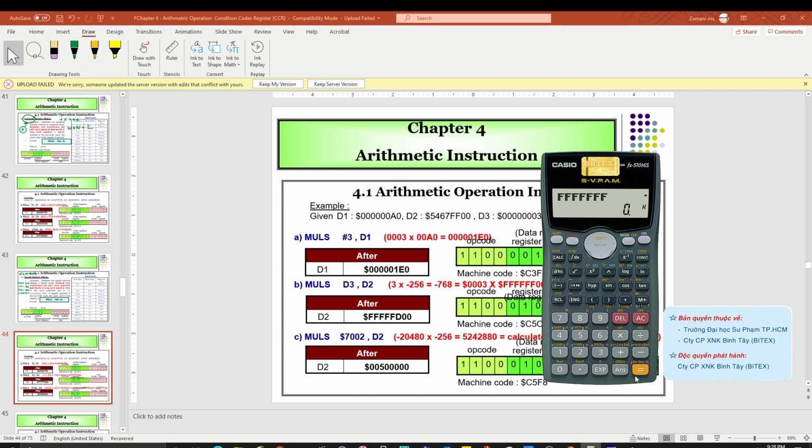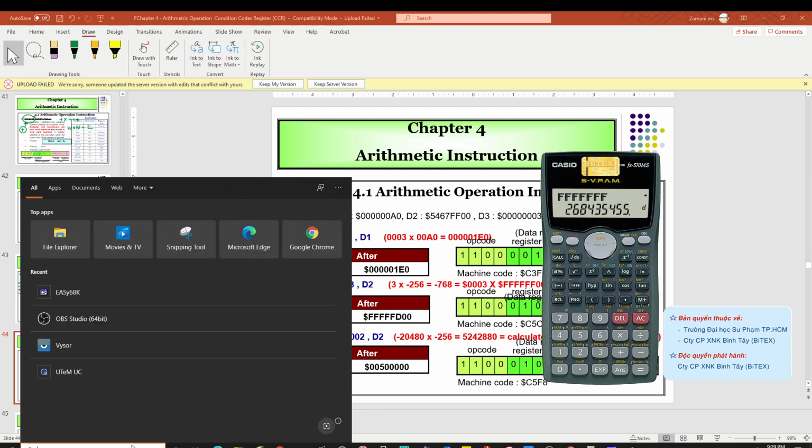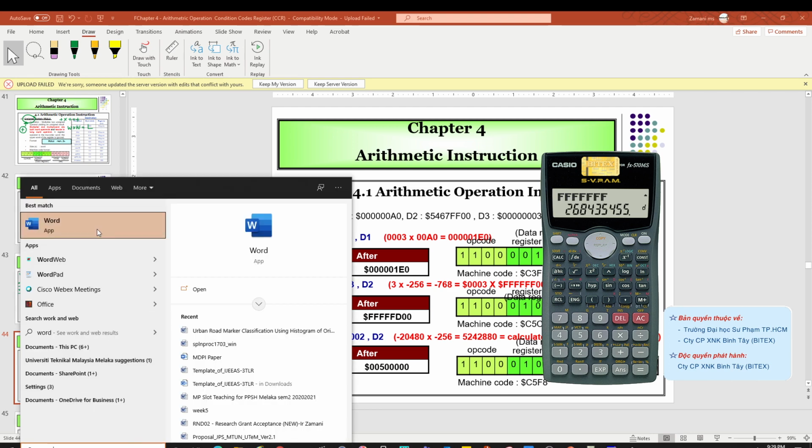Then if you convert to decimal, it's going to be a positive value. So if you put F for 8 digits, then it's going to be a negative number. So remember that.